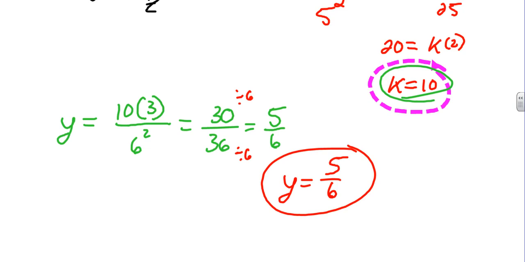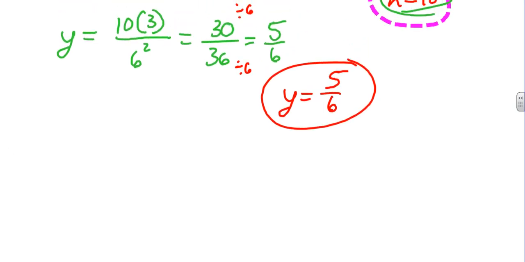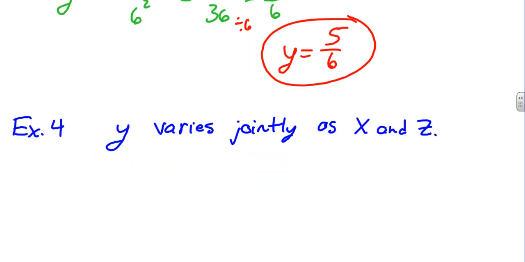Okay, let's do one more with a joint variation just so that you've seen it. And then we've got a couple of everybody's favorite kind of problems. We'll do a few word problems. Okay, we'll make this one kind of short.